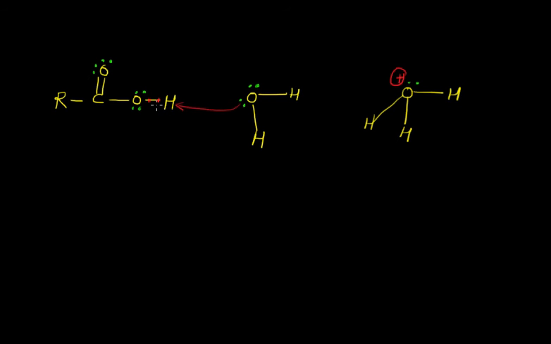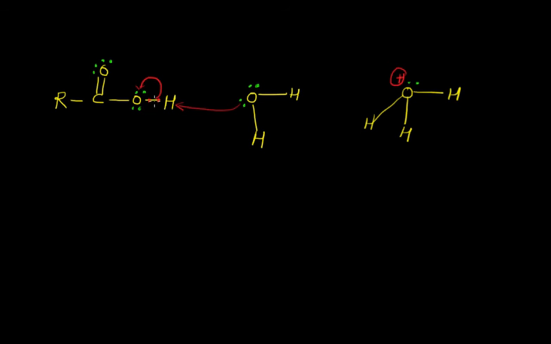Our main interest is with this carboxylic acid structure. Now you can see that the electrons present between this oxygen and the hydrogen will come onto this oxygen like this.